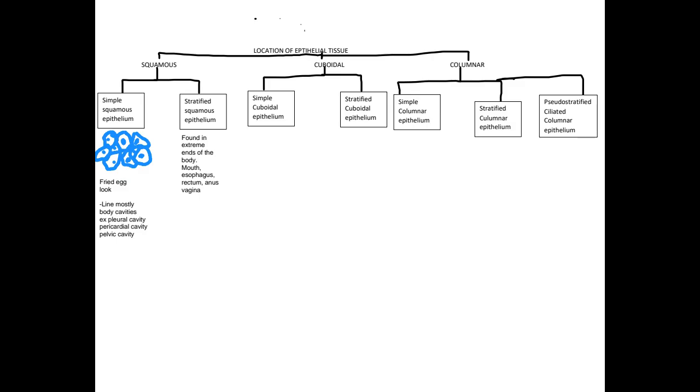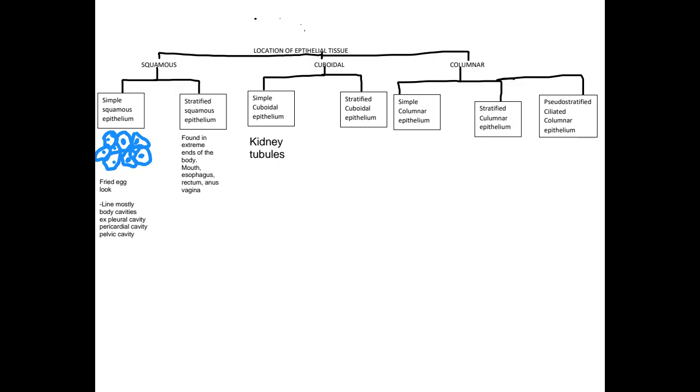Okay, the stratified cuboidal is a pretty rare type of tissue. The two places we can say it is found are the mammary gland ducts, those tubes that will eject milk out of the mammary gland of a lactating mother, and sweat gland ducts. So that's stratified cuboidal.